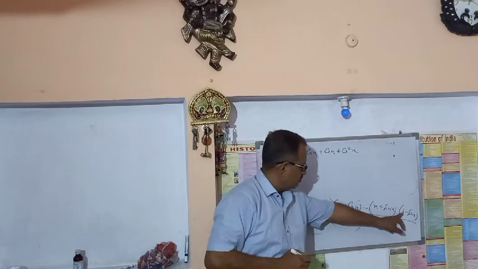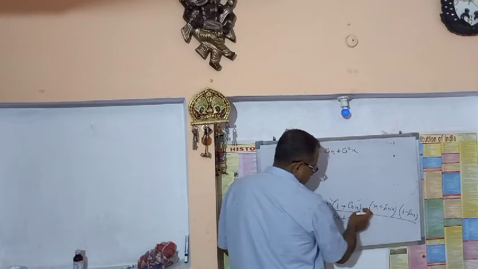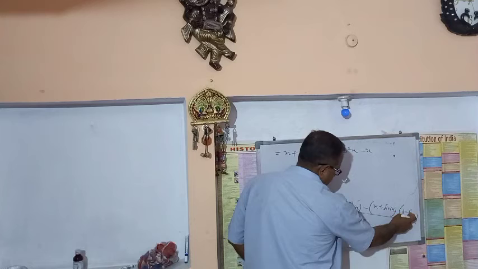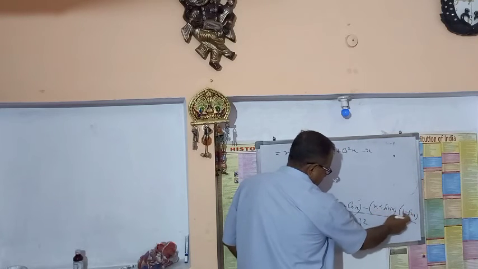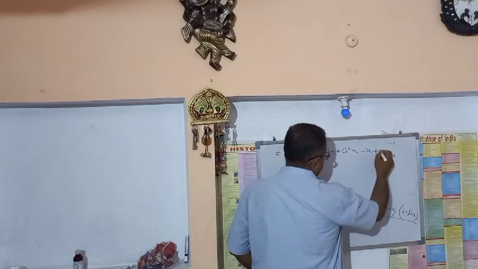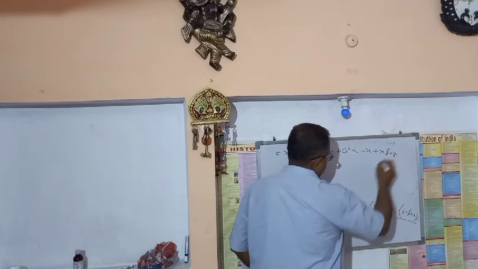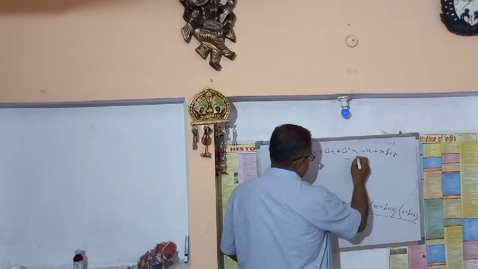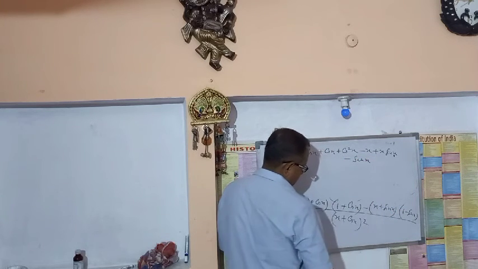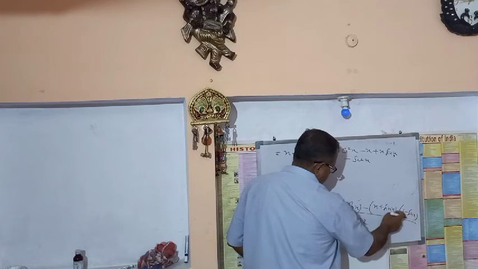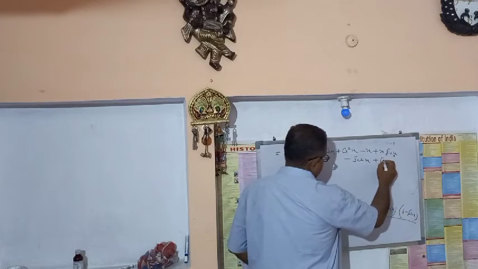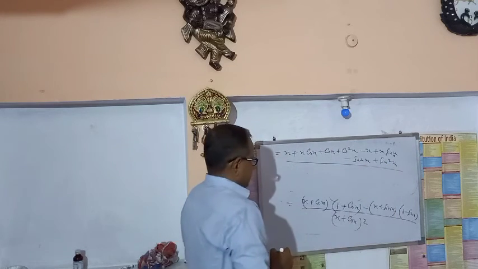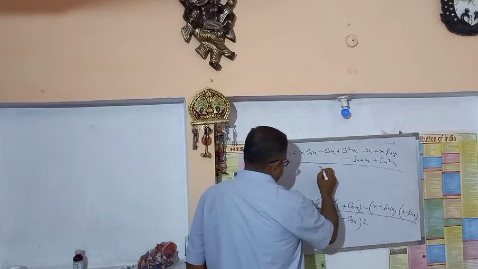Now multiply here: x into 1, x, but the minus sign is there, so minus x. X into minus sin x, minus x sin x. Minus into minus, plus x sin x. Sin x into 1, sin x. Sin x into minus sin x, minus sin square x, plus sin square x, upon denominator square.